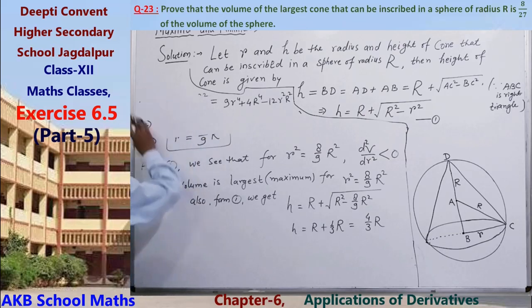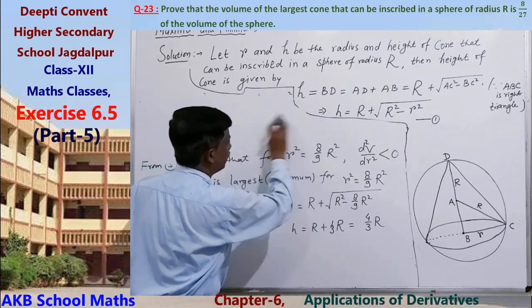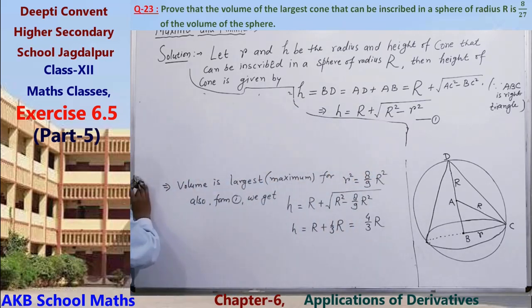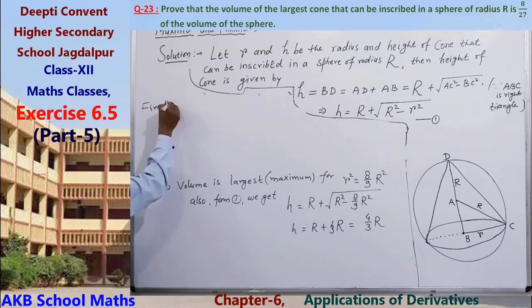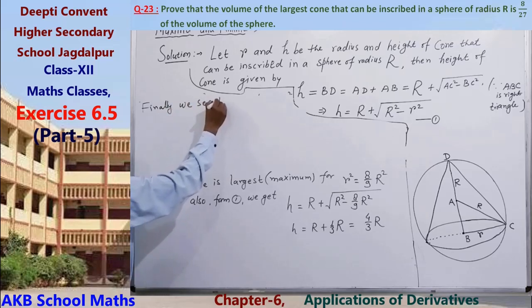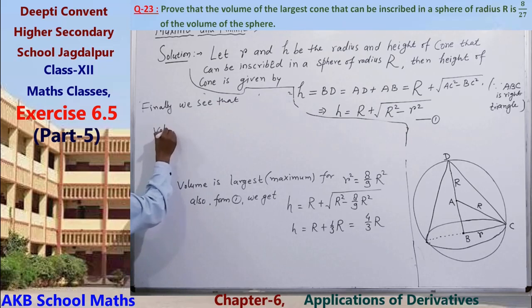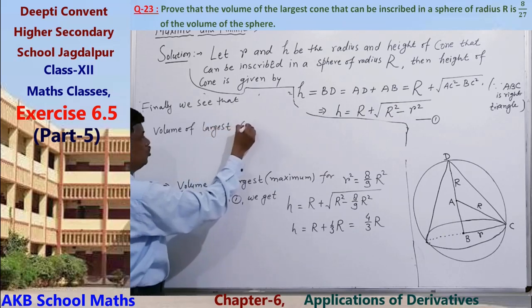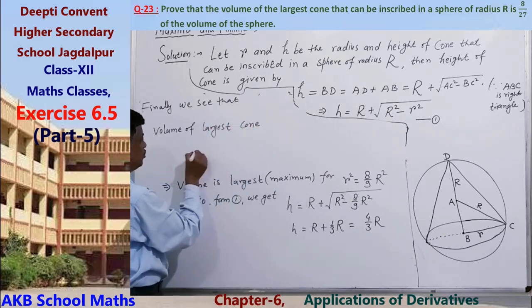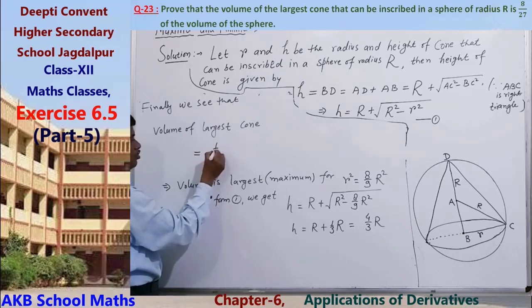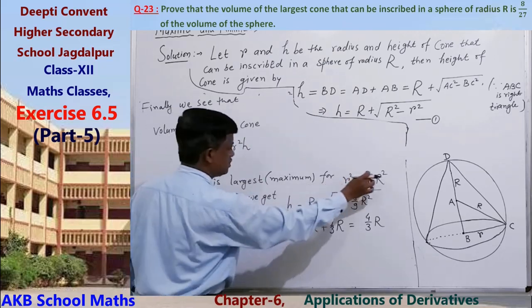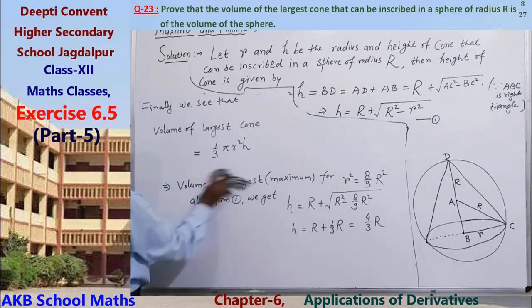So finally we see that the volume of the largest cone equals the volume of cone, 1 by 3 π r² h. r² equals this, h equals this. We have to put here.